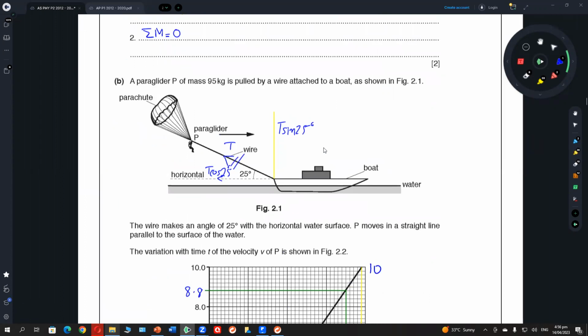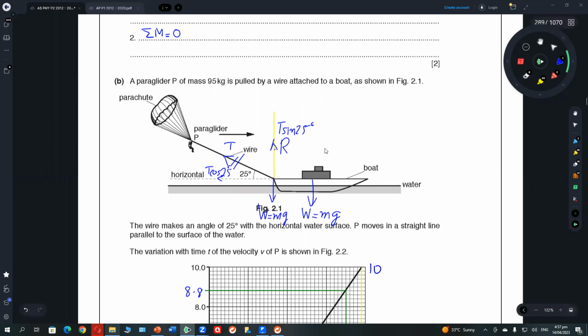Now, if we come here, this is the weight of the boat, and this will be the weight of the person. Now, as we discussed in our previous example, there will be a reaction force.